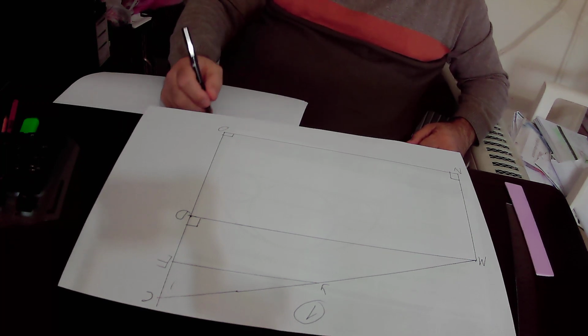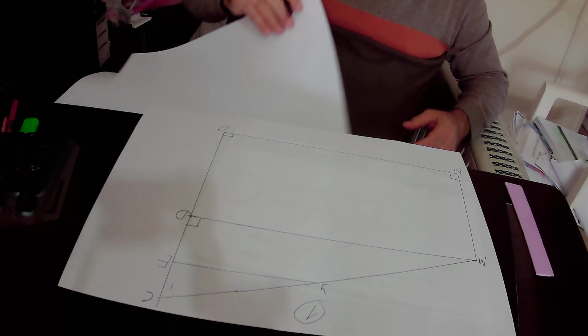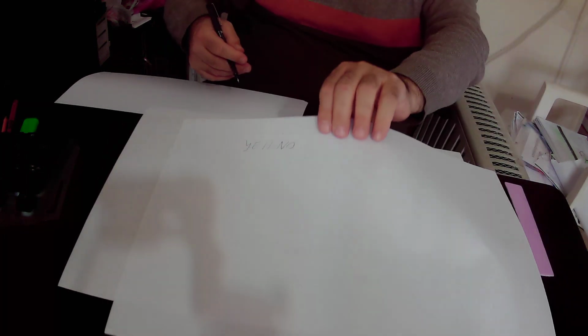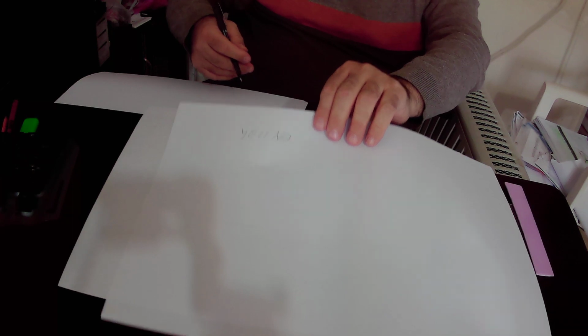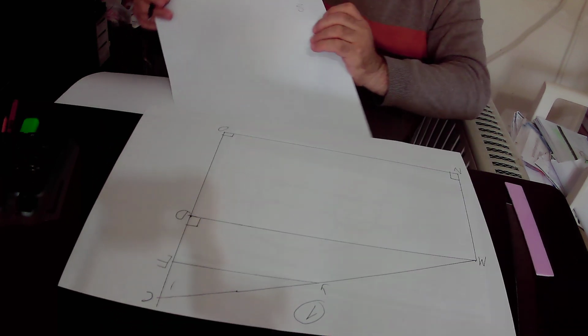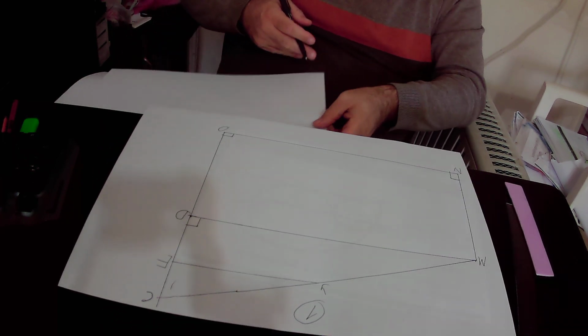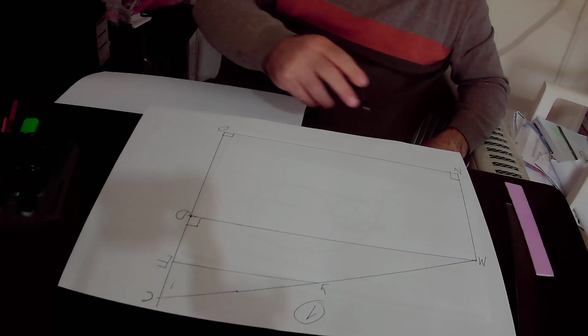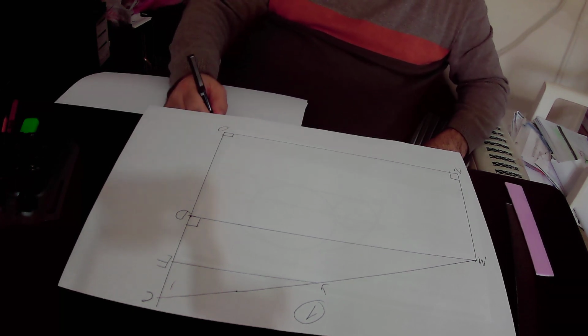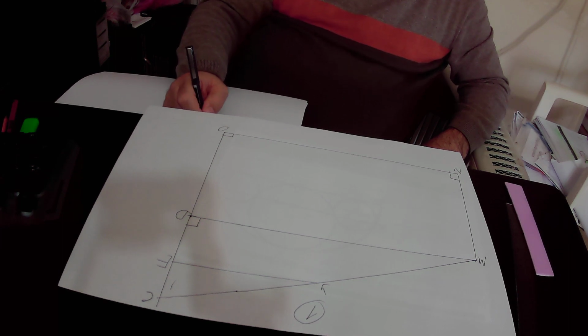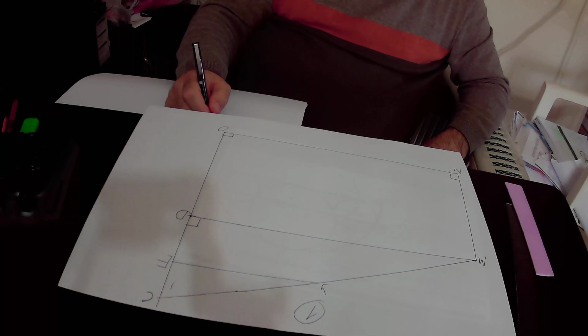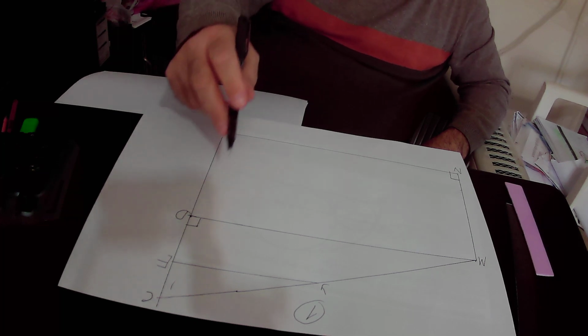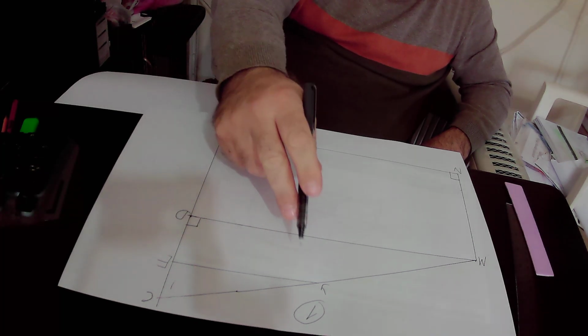So again, YE is parallel to NO, and therefore, according to rule number 1, angle NOC, this angle, equals angle CEY.